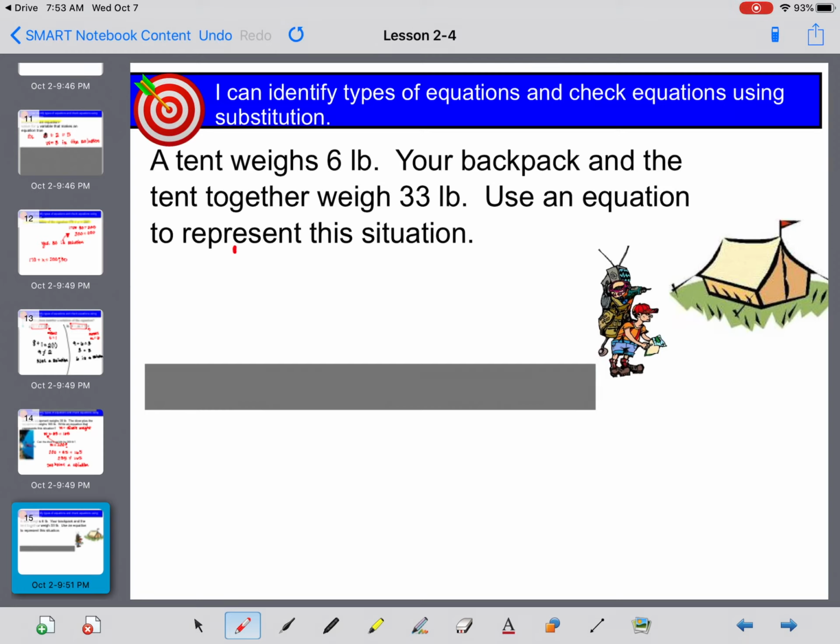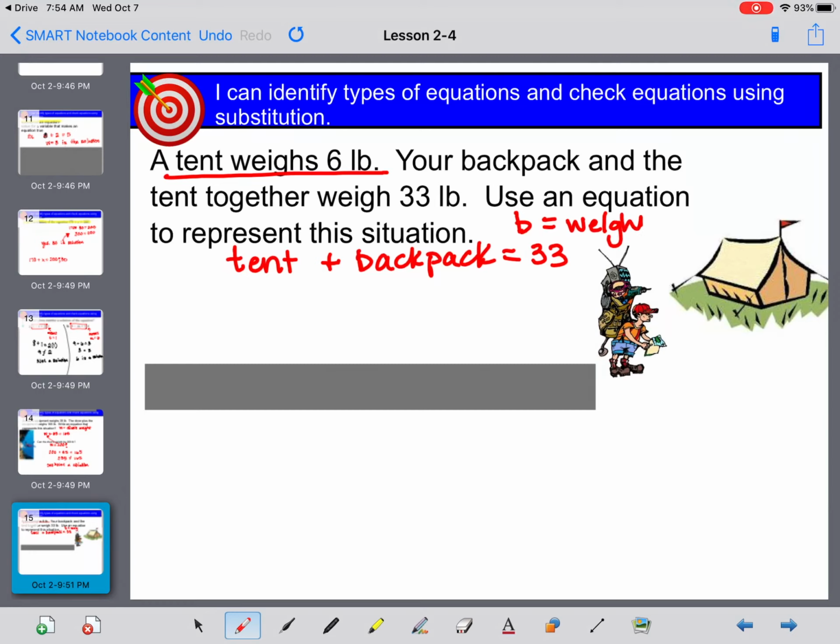Now, if I take the weight of the tent plus my backpack, it should equal 33 pounds. I know that the tent weighs 6 pounds. So let's define the variable B to be the weight of the backpack. So 6 plus the weight of the backpack equals 33 pounds.